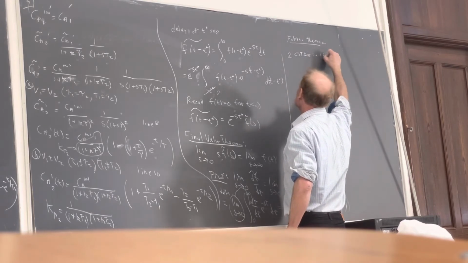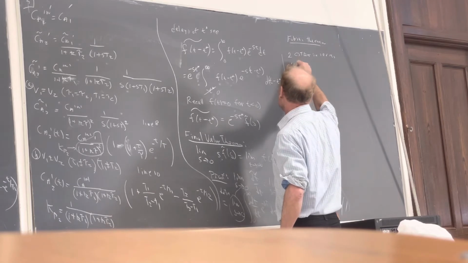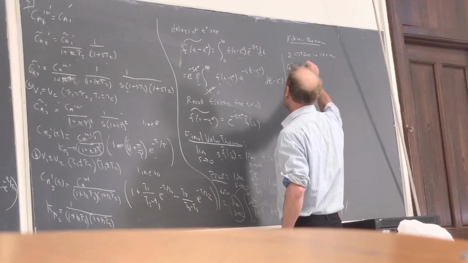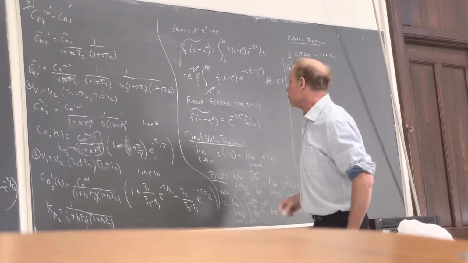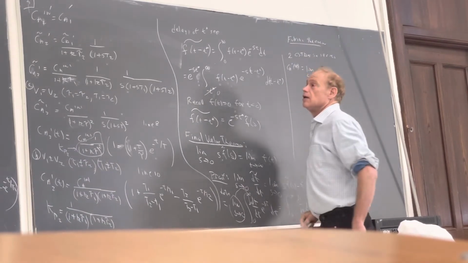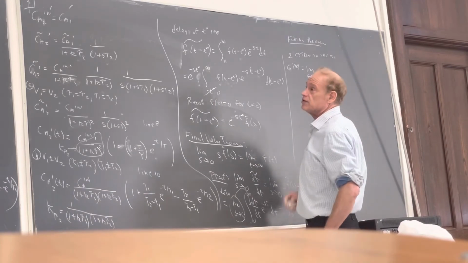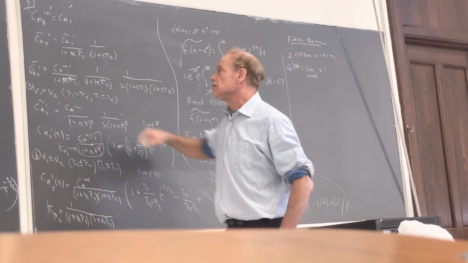in series. Let's find CA2 prime of infinity. That's equal to the limit as s goes to 0 of s times CA2 prime tilde of s.